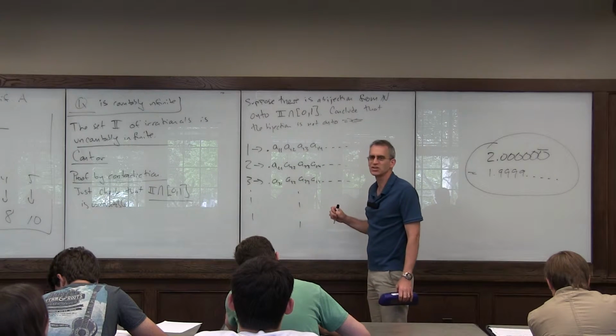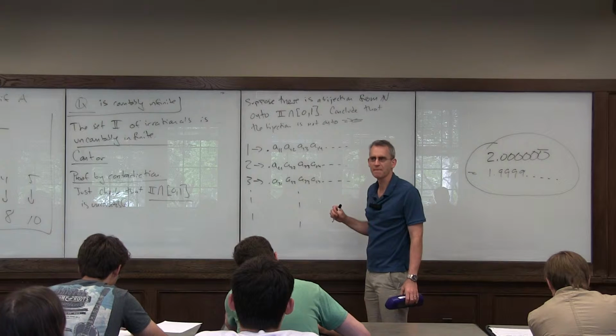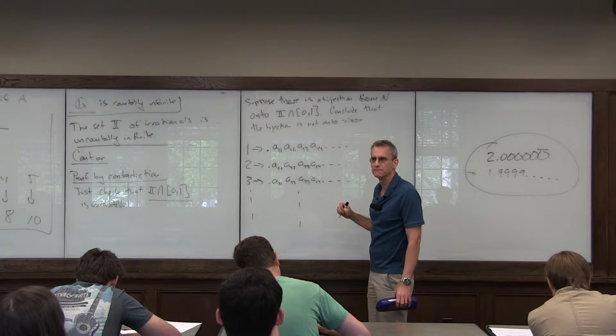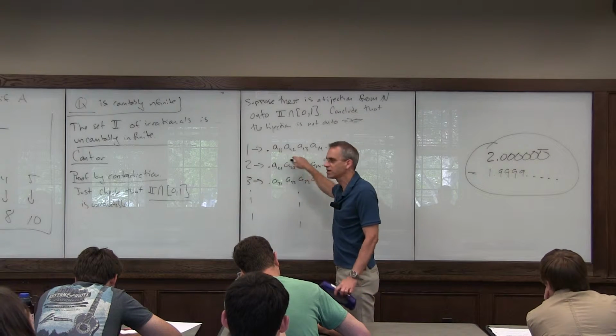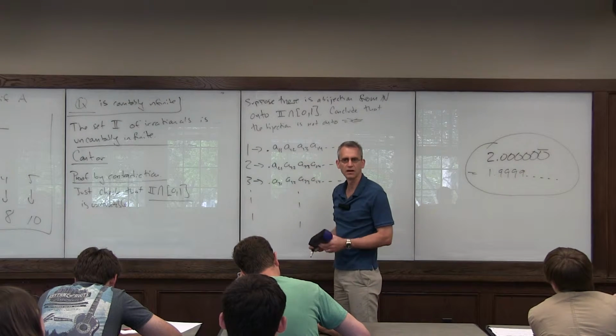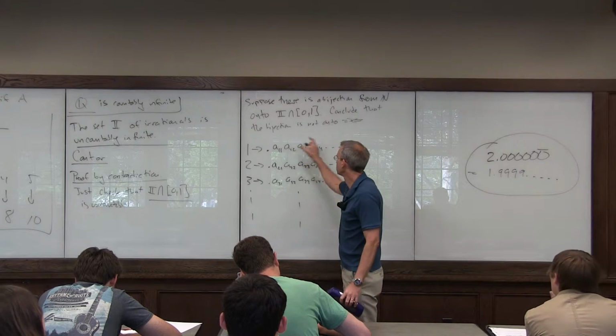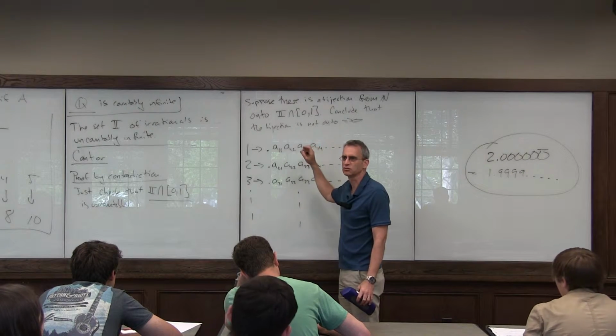How do I find something that's not on there? How do I find something that 1 doesn't hit? How can I be sure that it's something that 1 doesn't hit? What do I need to do to this decimal? Just change it somewhere.